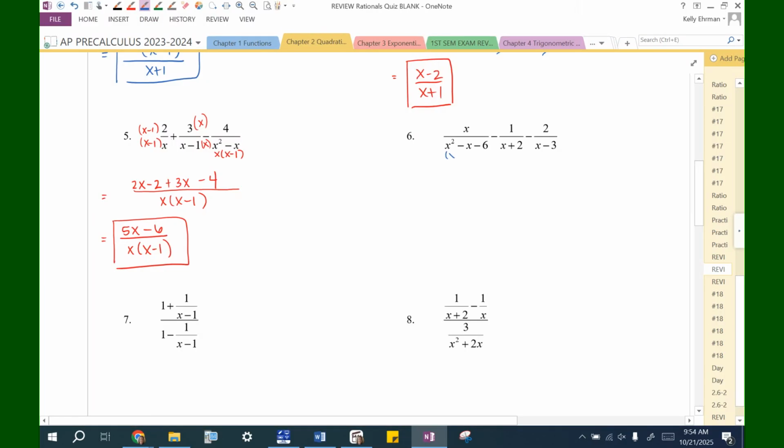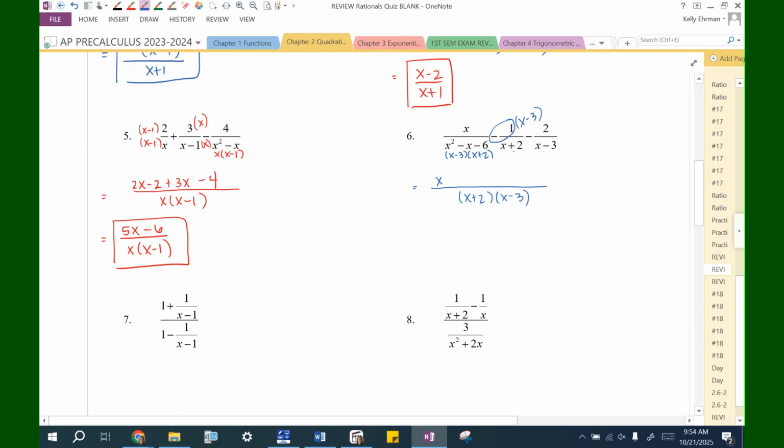For this one, I can factor here a little bit, x squared minus x minus 6 becomes x minus 3 and x plus 2, and that's a good sign because those are the other two denominators. So when you're setting up the common denominator, you've got to have x plus 2 and x minus 3. The first fraction already has that, so I'm just going to copy down x. The second fraction needs to get multiplied by x minus 3.